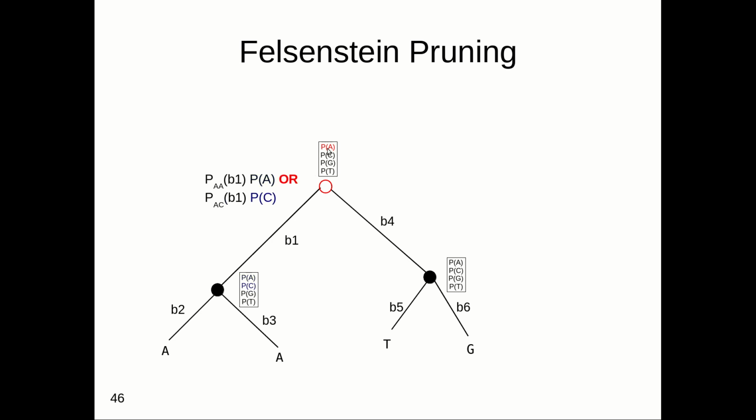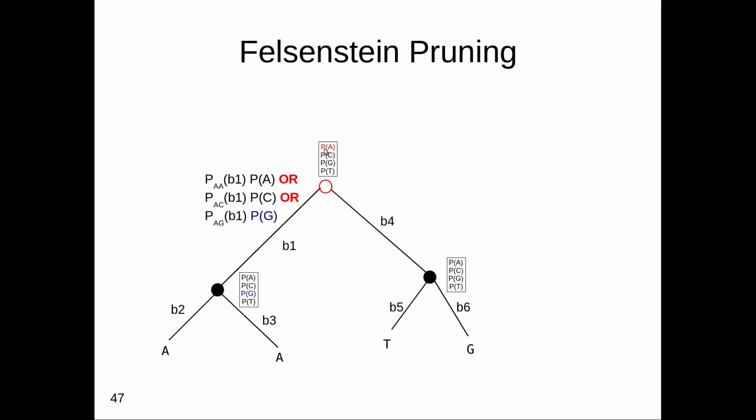Or the other thing that could have happened is that we assume we're in a state C, and we're doing a transition from C to A within time B1, along this branch here. This is also one possibility how we could end up in an A here.